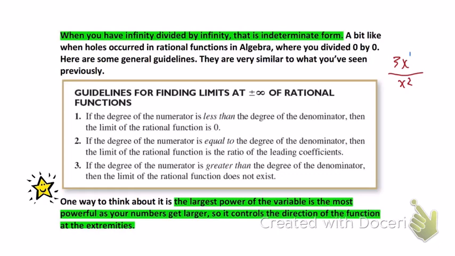What does that mean? What if I had 4x cubed, plus some more stuff out here on top, and I had 3x cubed plus some more stuff here? This is saying just take these coefficients. The limit would be 4/3.